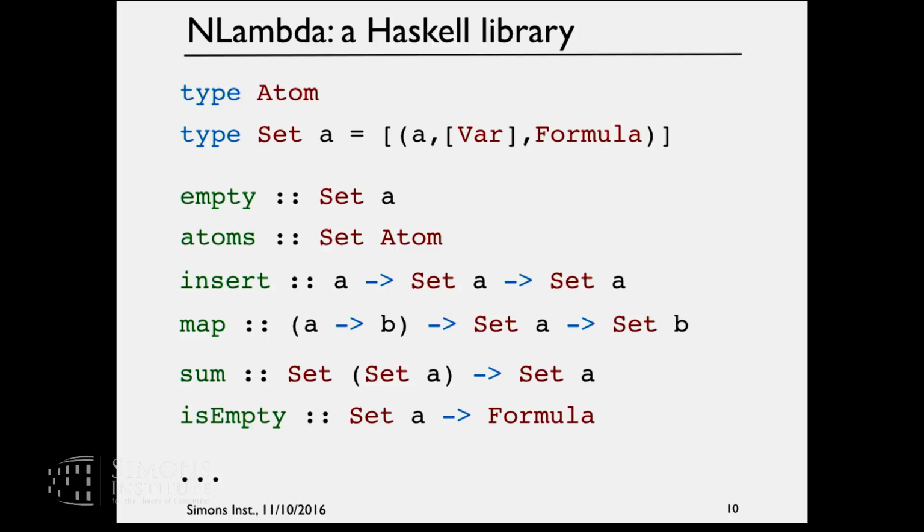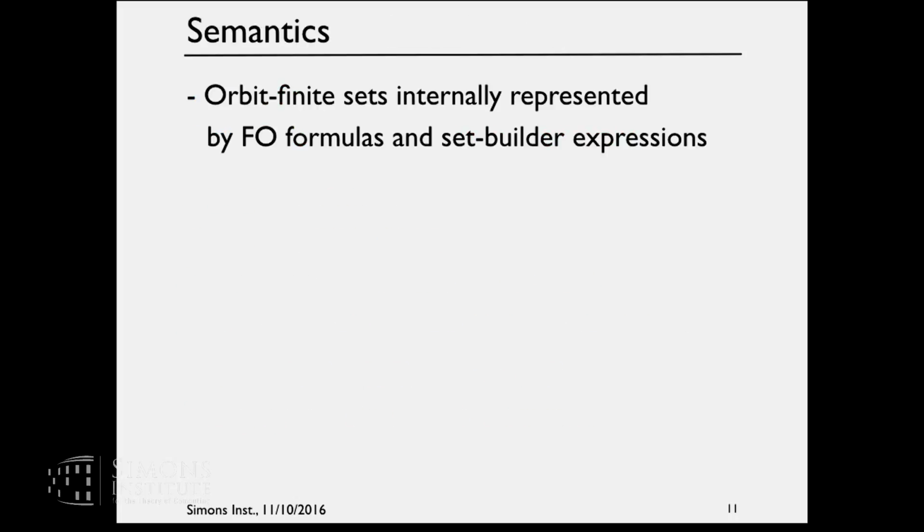So this is how this works: internally in our library, all-bit finite sets are represented by first order formulas and set builder expressions represented as lists with sequences of bound variables and free variables, and first order formulas that qualify the existence of some elements.